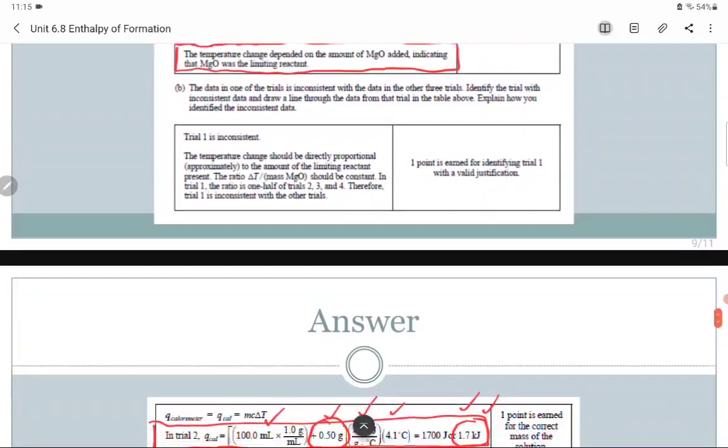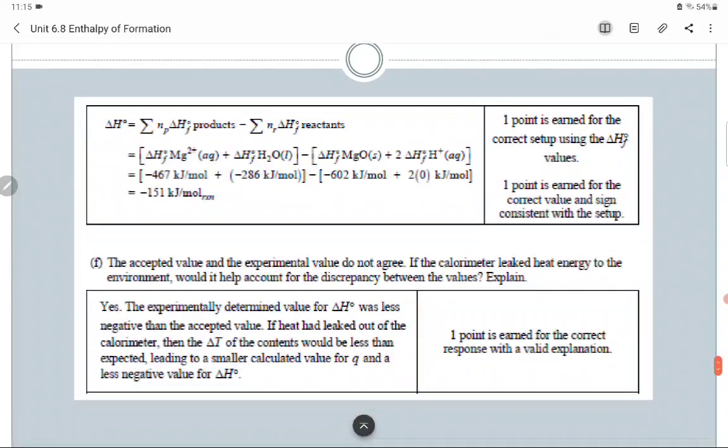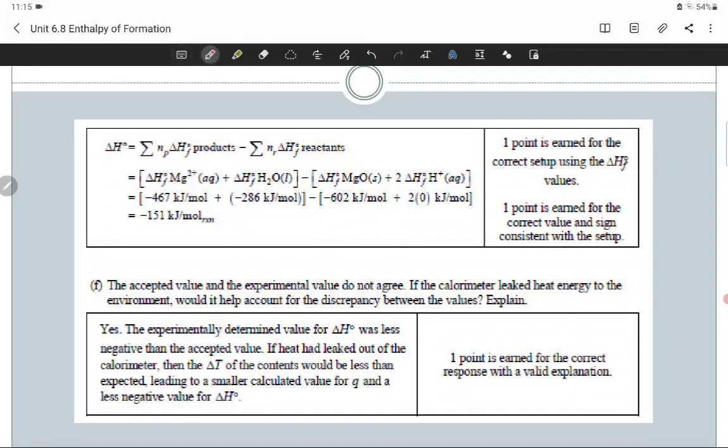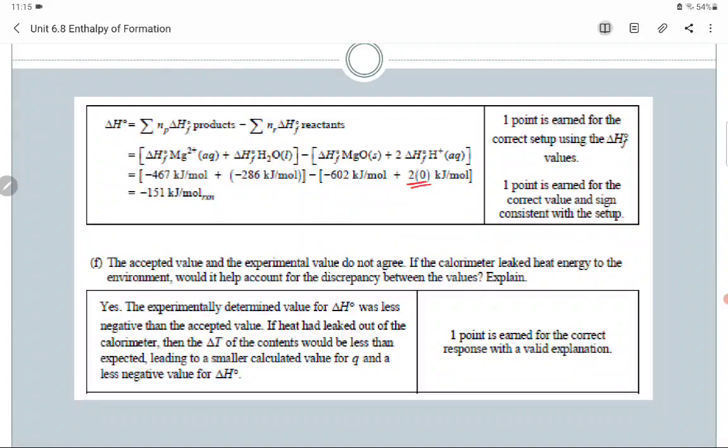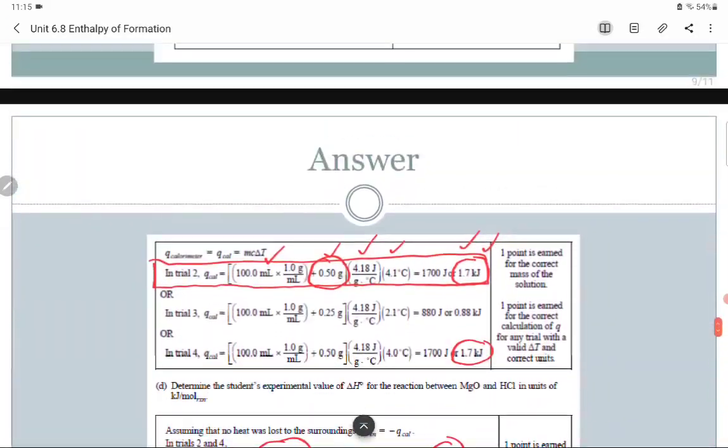So let's go look at their work. Okay, so the formation equation: take all the products, subtract them from all the reactants. Don't forget about coefficients. And the only coefficient in this particular one is with the H positive. You don't have to remember anything in this case.